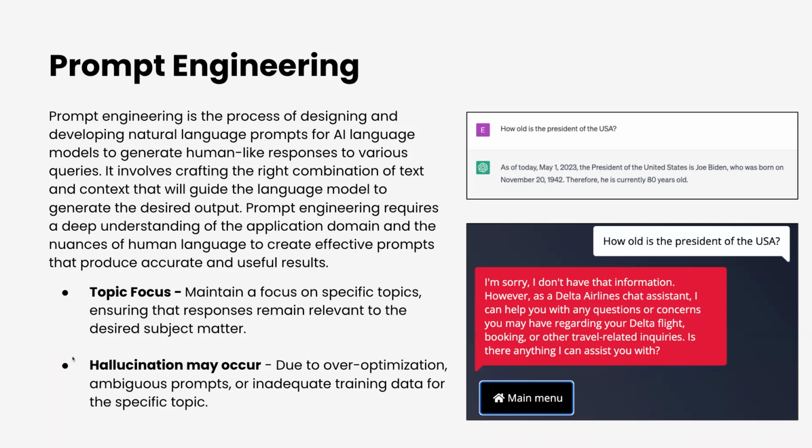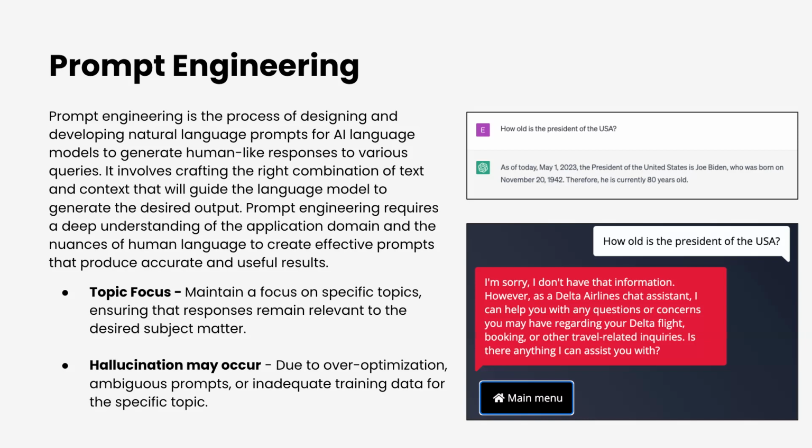If you are asking a question, you can prompt so that it stays within the context or the topic, stays within the main focus of what our goal is to communicate to the user. Staying relevant and on topic is really important.